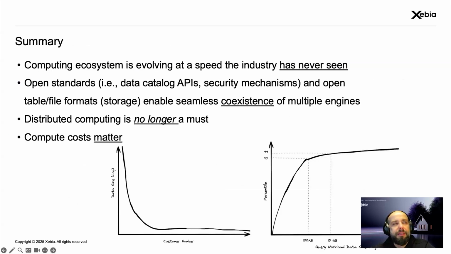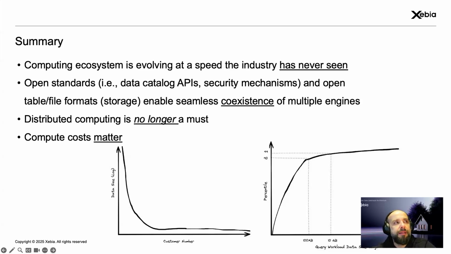So as a summary of this part, we can observe that this computing ecosystem is evolving at a speed that the industry has really never seen before. This is particularly driven by the availability of open standards like standardized data catalogs, APIs, and standardized security mechanisms.